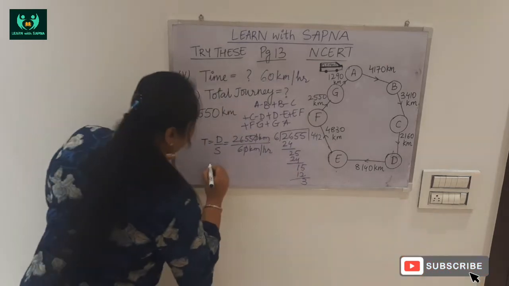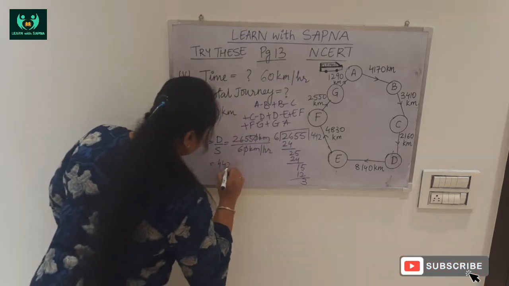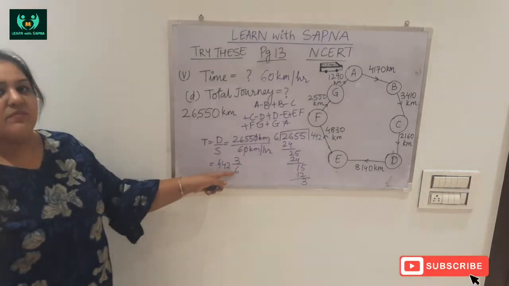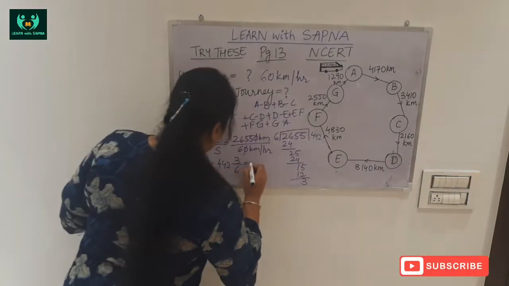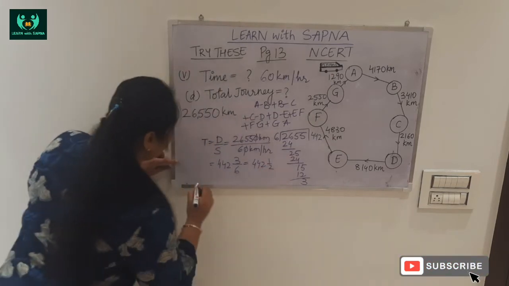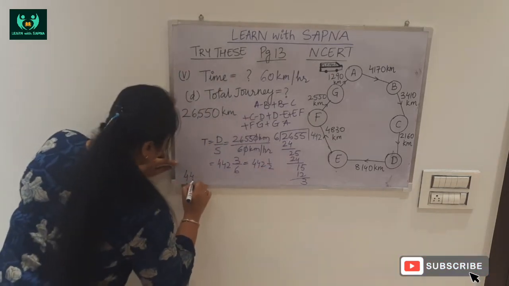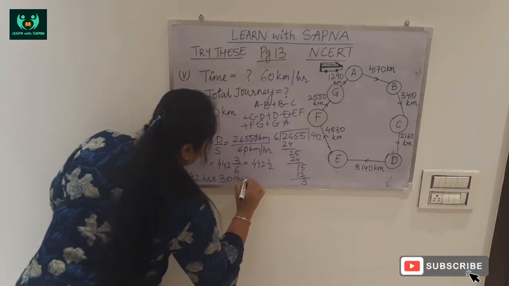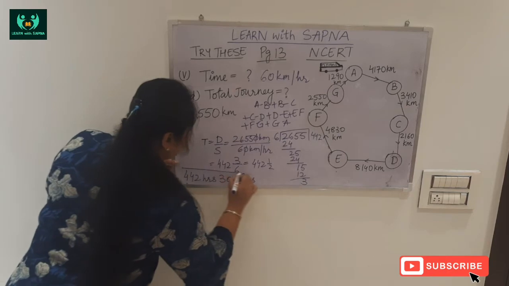Now we got 442 and 3 by 6. Now 3 by 6 again becomes half. So we got 442 and half. That means 442 hours 30 minutes. This is our answer.